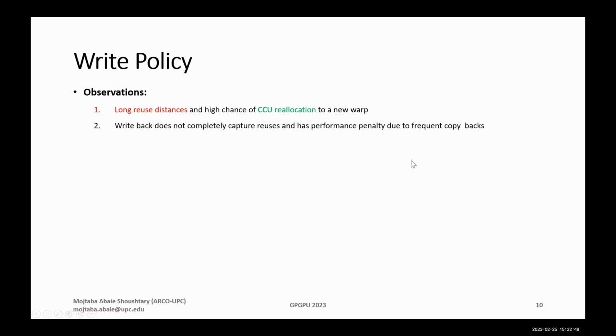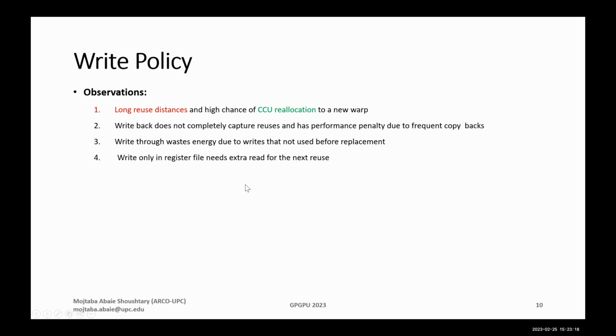We also have the issue of performance penalty because during the write-backs, we cannot use the collector unit. We have to lock it. And this is one of the precious resources of the chip. We have only 8 collector units and 32 or 64 warps. Write-through policy also can waste energy because it puts the values in the cache that will never be used, and we replace them later.